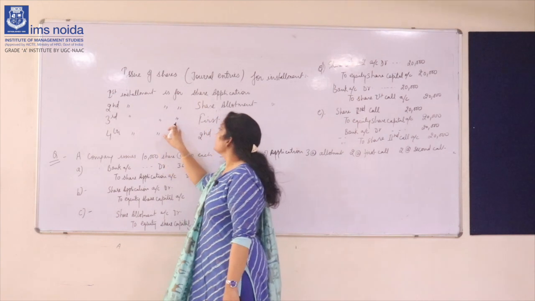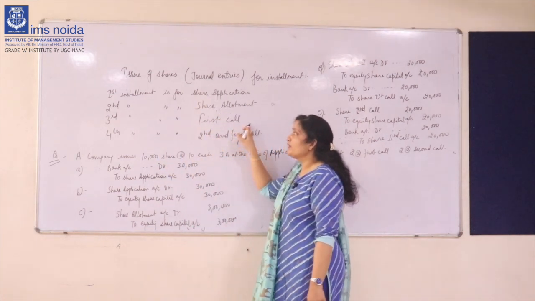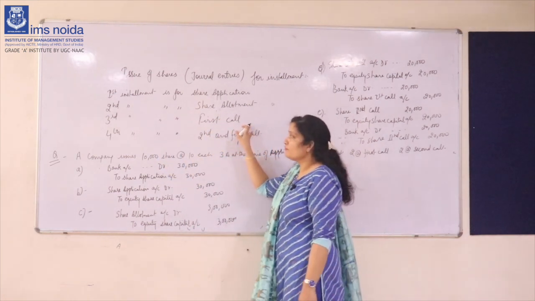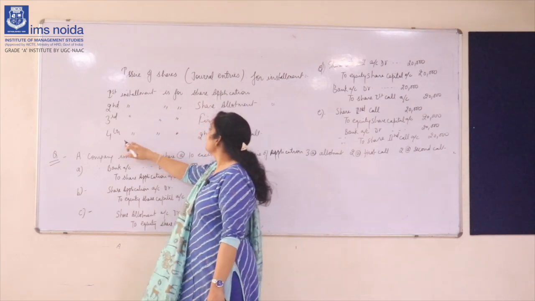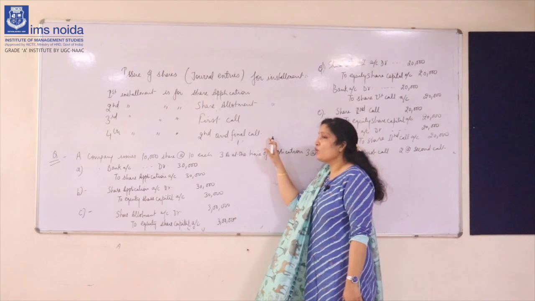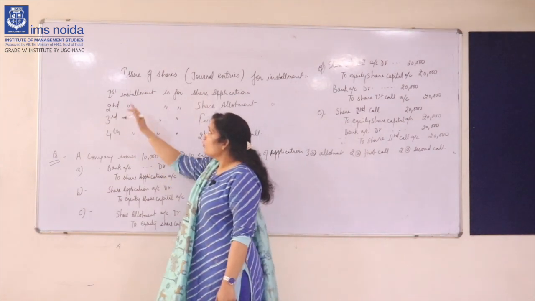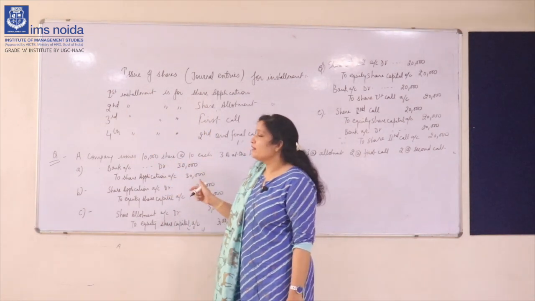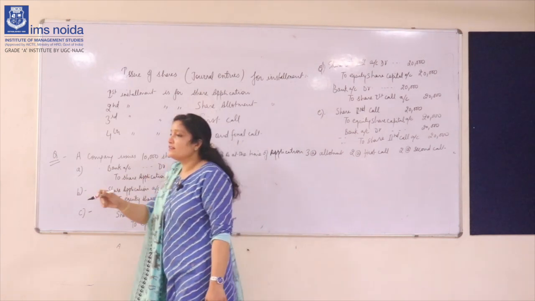Third installment is for first call when we call the money for first time. Fourth installment will be for second and the final call. Now to understand this installment part, we will take the example.